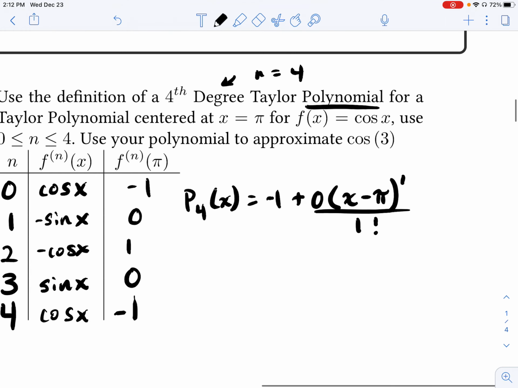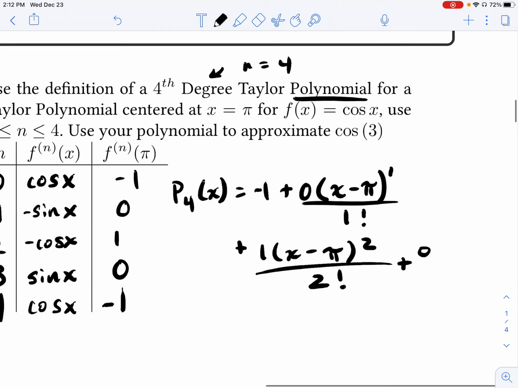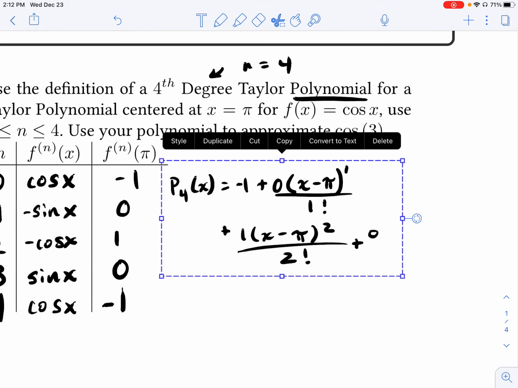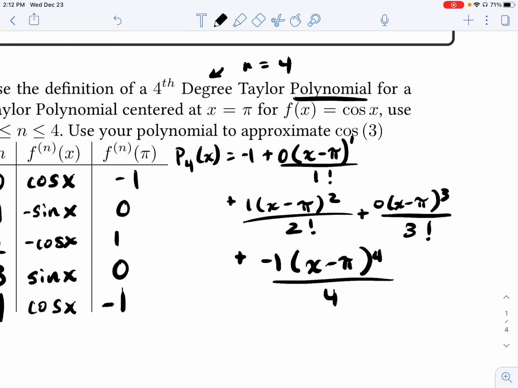So going back to this, I'll just move on to this next row so I don't run out of space. We've got now 1 times (x minus pi) squared over 2 factorial plus 0, and I'm thinking I'm going to run out of space, so I'm going to make this a little bit smaller so I have some space to work with, plus 0 times (x minus pi) cubed over 3 factorial, finally plus -1 times (x minus pi) to the 4th over 4 factorial.